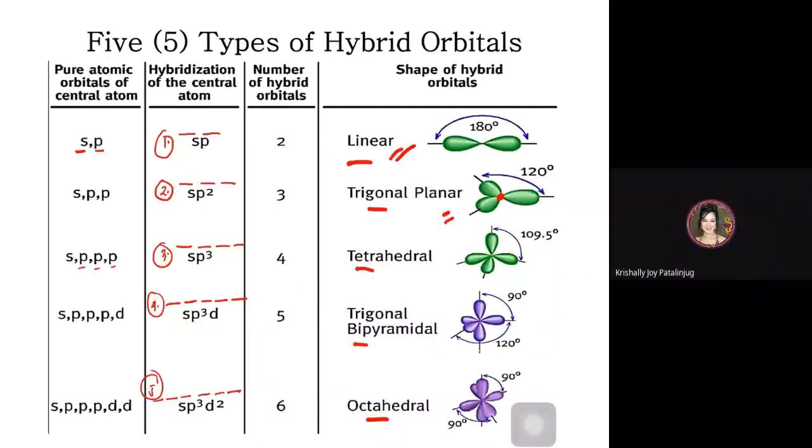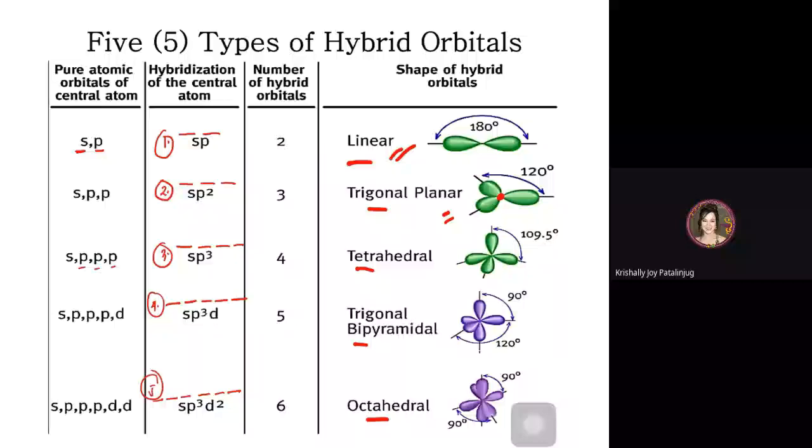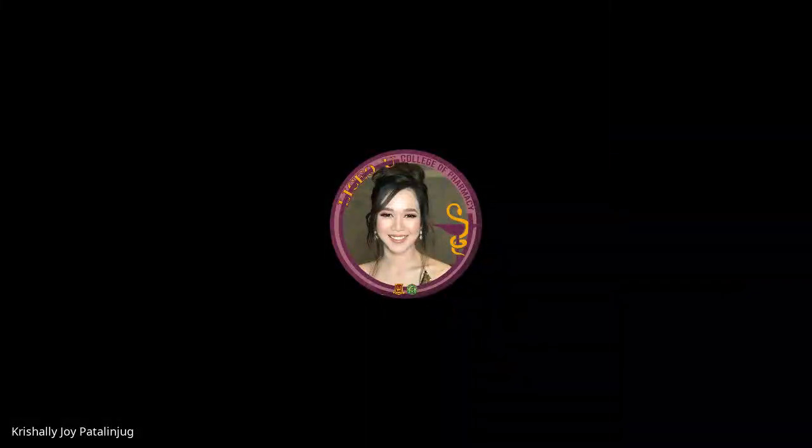So, let's try to find out the rationale. Say, for example, for the molecule of beryllium chloride. So, this would be the Lewis structure for the molecule of beryllium chloride. And we all know that beryllium chloride will form a linear shape.